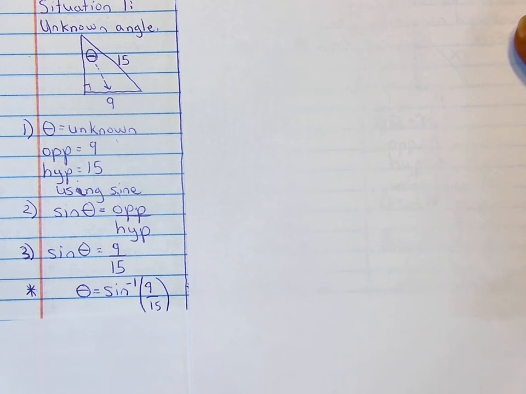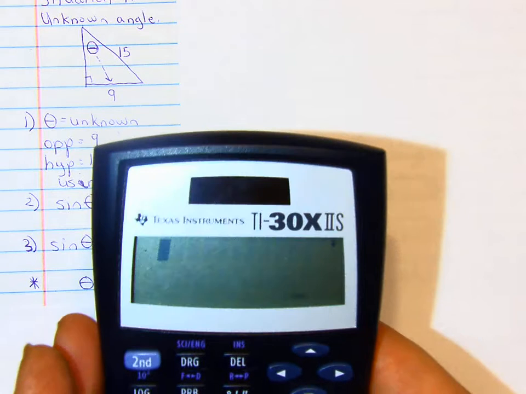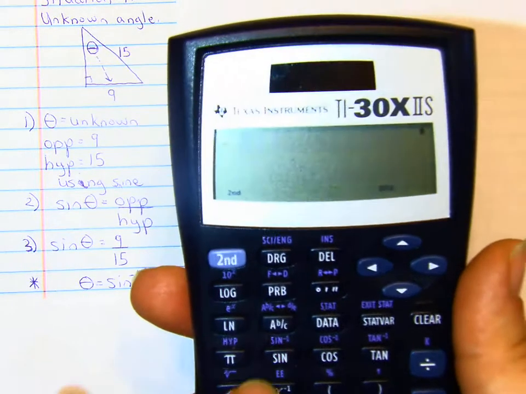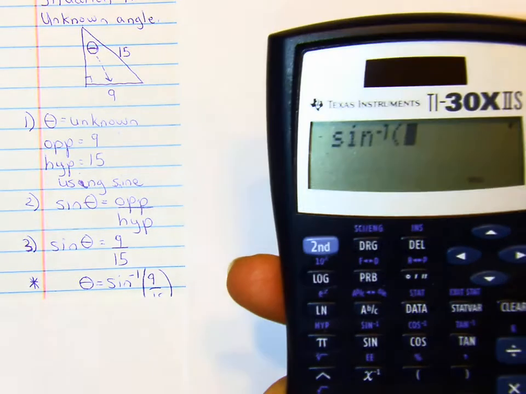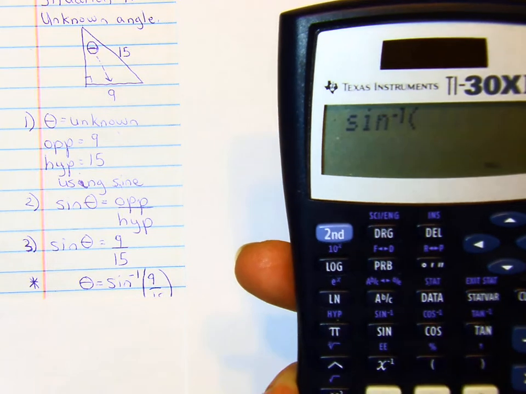Now to use it, to solve for theta in this situation, traditionally you divide by sine, but it's the inverse, which is on your calculators, sine to the -1. If you come to your calculators and do second sine, you'll see that it has sine to the -1.